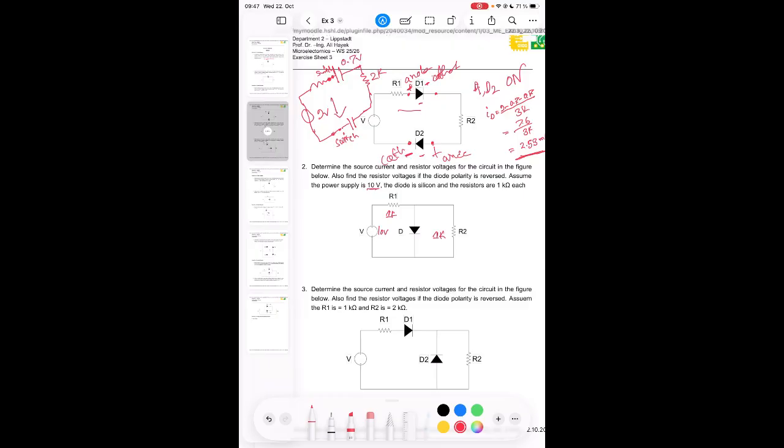We have to make an assumption at the beginning. So, what do you think? Is it on or off? It's on, obvious, because we have the negative on the cathode and the positive on the anode side, so it's going to look like this.